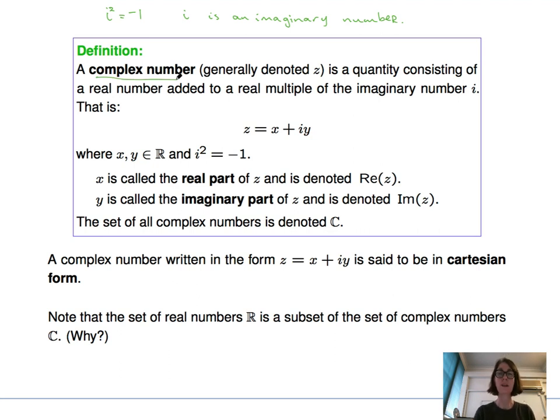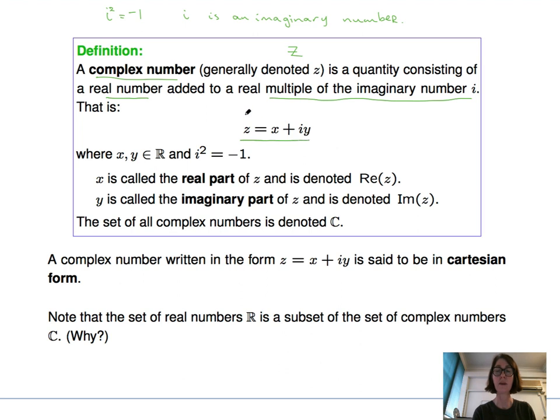Our definition is that a complex number, which we generally denote by z rather than x or y, is some quantity consisting of a real number added to a real multiple of the imaginary number i. If we put those two things together, it looks like this.